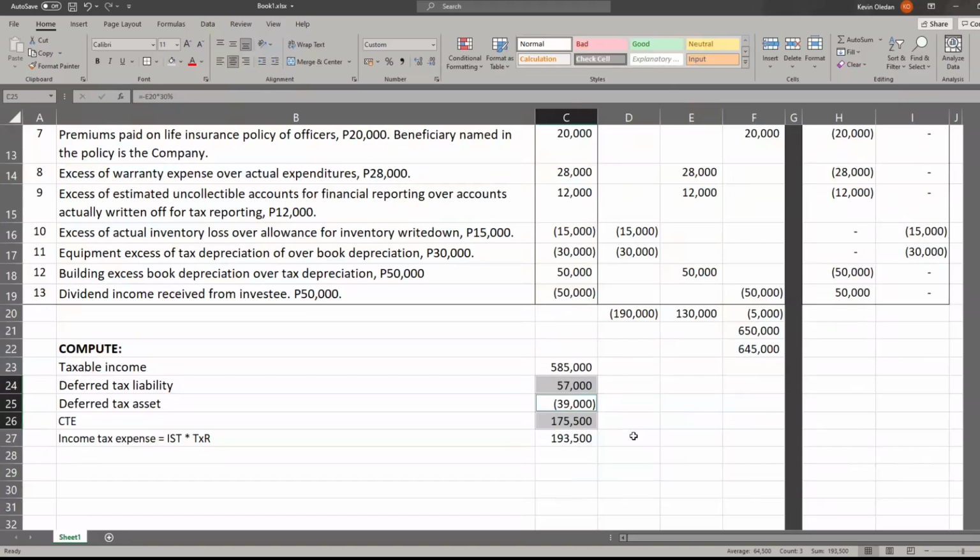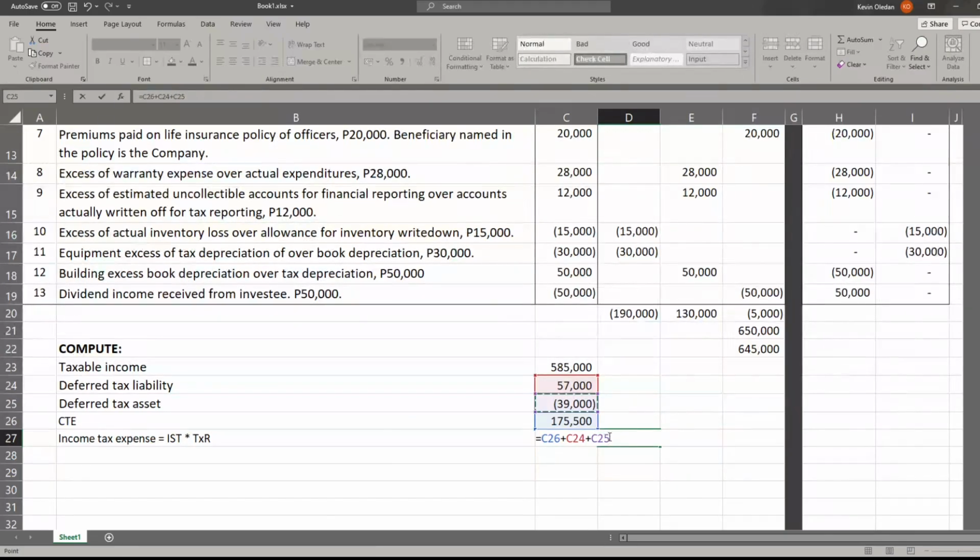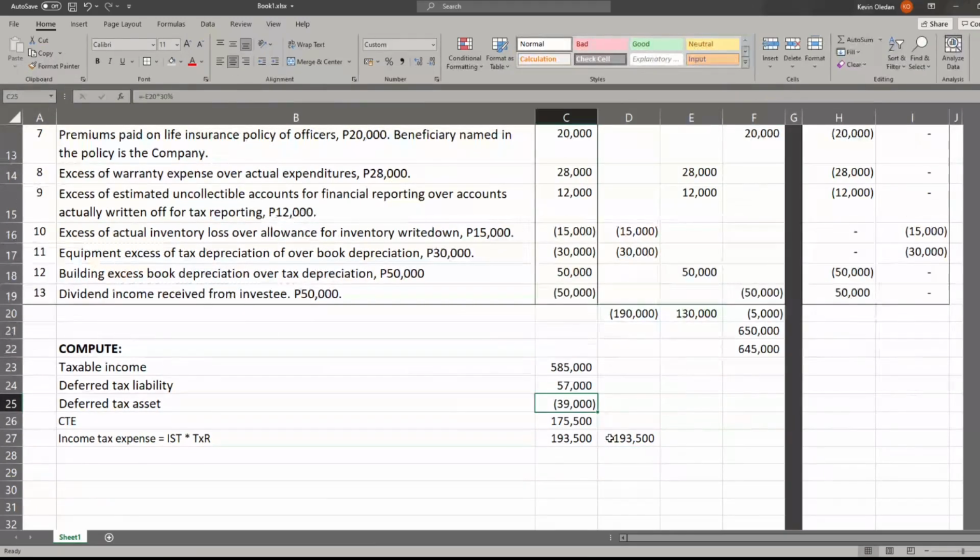Okay? So, kung i-compute natin yan, let's check if we did the problem correctly. It would go like this. 193,500 is comprised of the current tax expense of 175,500 plus if there is deferred tax liab and then minus deferred tax asset. Well, naka-negative na yung deferred tax asset natin, so i-plus ko na lang. Let me alter it a little para maging consistent ang formula natin. Wag na siya natin i-negative.